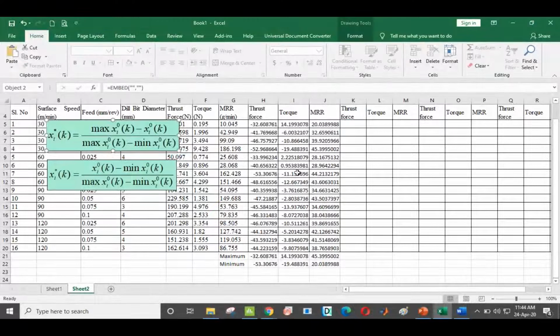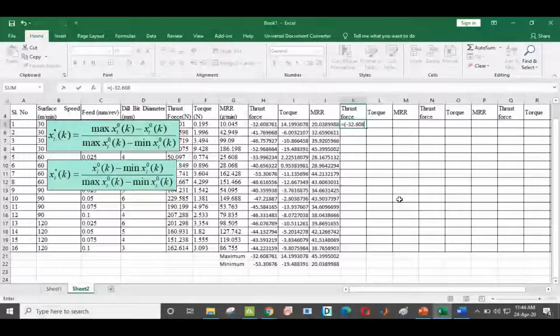So which is equal to the maximum value for thrust force, 32.608761, minus the individual value for thrust force, divided by the maximum minus minimum, 32.608761 minus of minus, which becomes plus, because the minimum value is minus 53.30676.